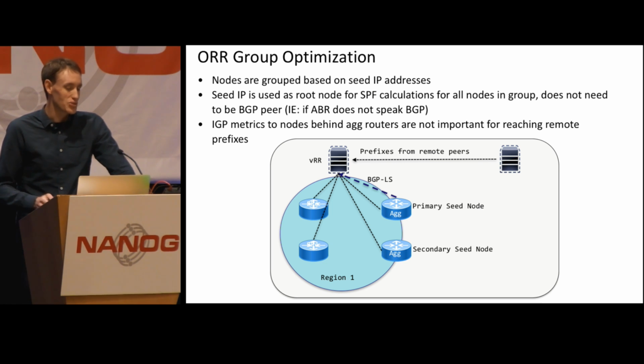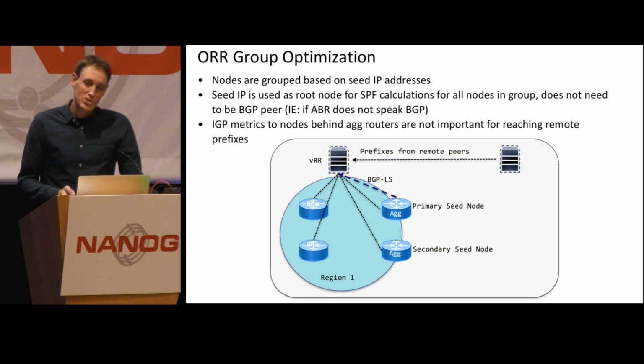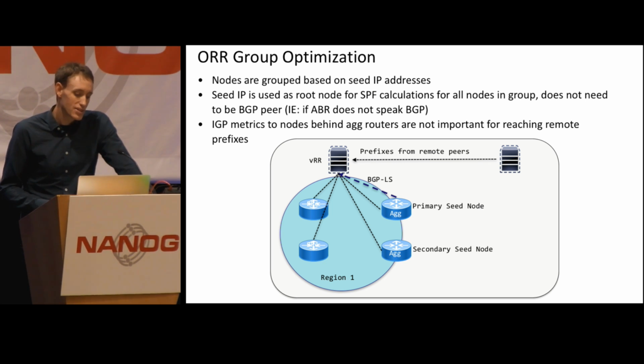It could extend out to thousands of clients. So there's a good optimization method that all the vendors support, which is grouping nodes based on seed IP addresses. So now you're not using that direct client as the root for your SPF calculations. You're using that seed IP that's in the same region as the client.